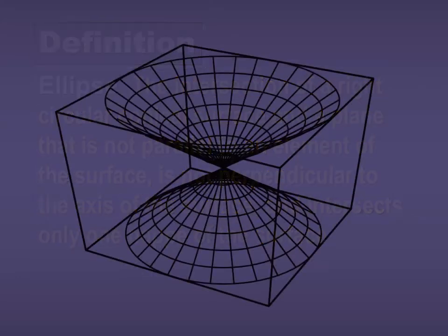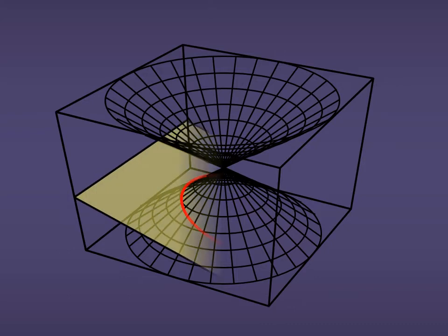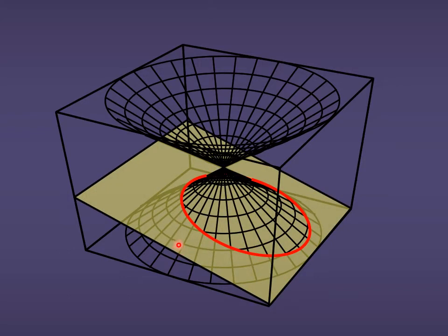Okay, so let's see what that looks like. So remember, these little things are the nappes, right? And an element is a line that goes straight through the vertex. So an ellipse would be something like this, okay? So the ellipse is not a circle, but it's also not on one of the elements.